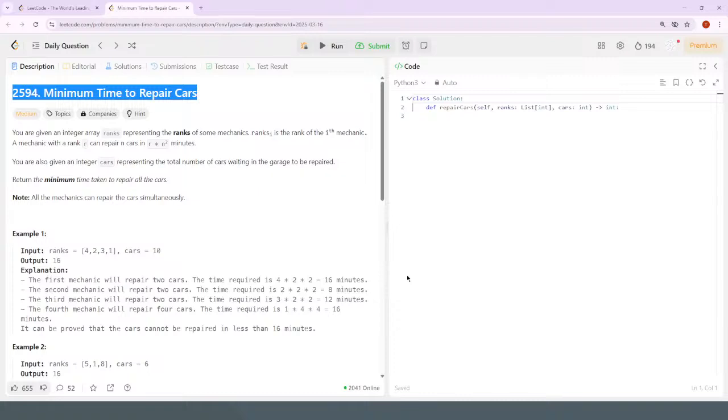2594, Minimum Time to Repair Cars. You're given an integer array ranks representing the ranks of some mechanics. Ranks[i] is the rank of the ith mechanic. A mechanic with rank R can repair n cars in R times n squared minutes.